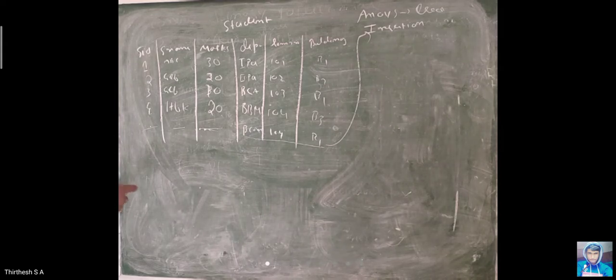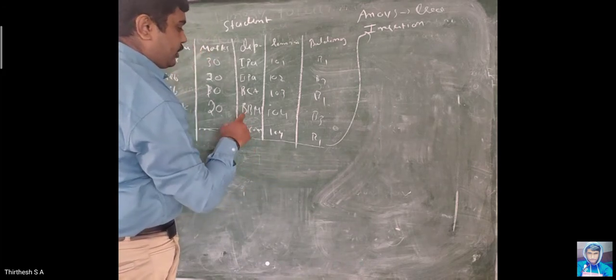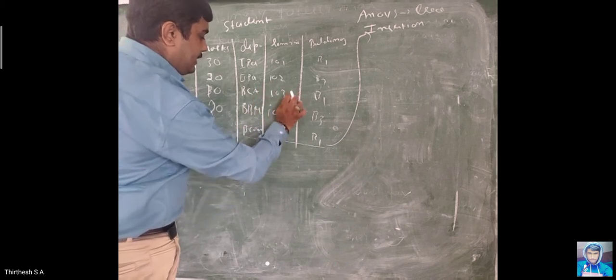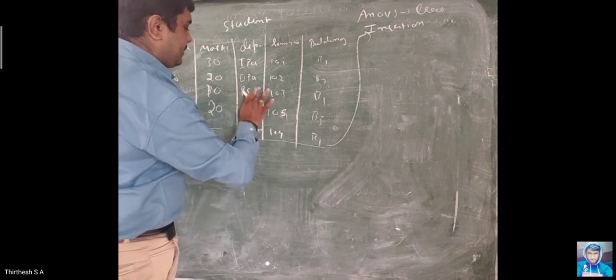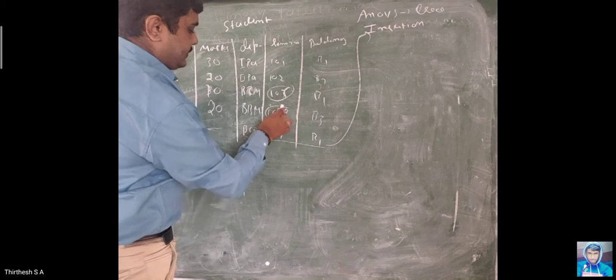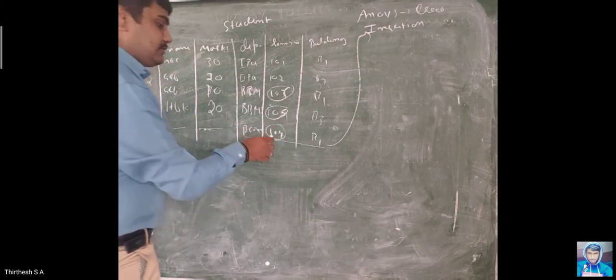The second one is updation. What does updation mean? For example, if you should update the room number for BBM to 105, wherever there is a BBM, you need to update it again and again in every table.